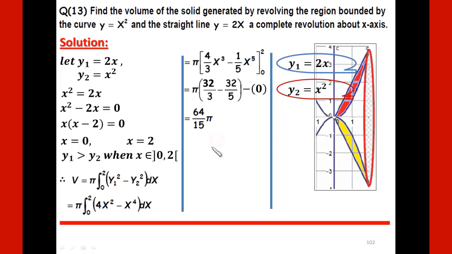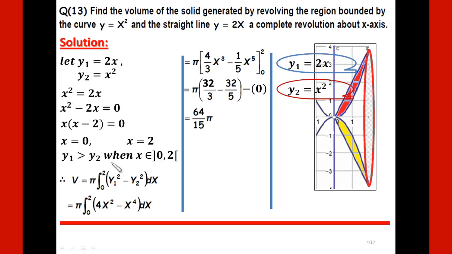So it's very important at the beginning of solving this problem to determine the point of intersection by equating the two curves, x square equals 2x.